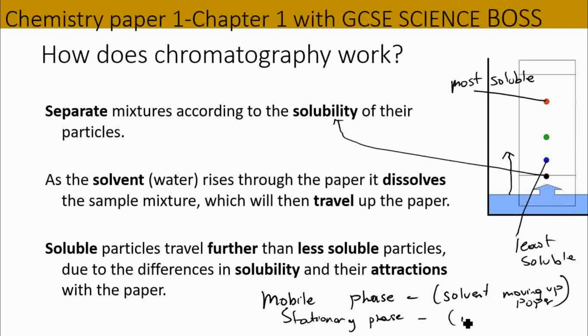Now what's happening is both phases are in essence fighting for the components, but the phase which the component loves the most is the one it will travel furthest in. So this one is most soluble in the mobile phase. And that summarizes everything for chapter 1.